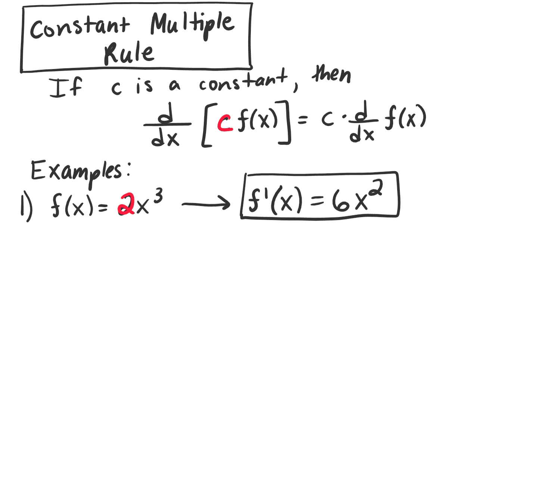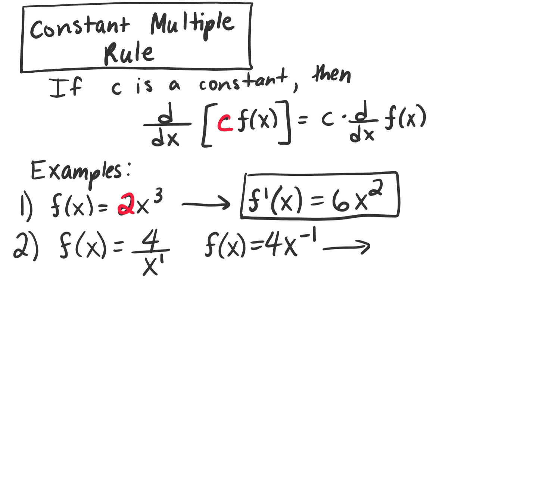But let's add on some with the negative exponents and also the radicals, just to get some more practice with that. So the next one will be 4 over x. Remember, the first thing we'll want to do is rewrite that with a negative exponent. This assumes x to the first, even though technically it won't be written there. So I'll make this 4x to the negative 1. Then to find our derivative, we'll multiply our exponent times our coefficient.